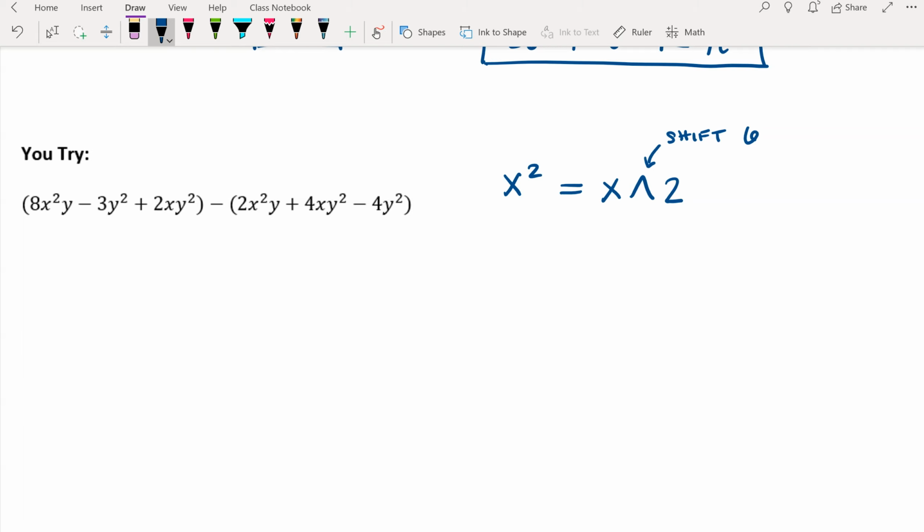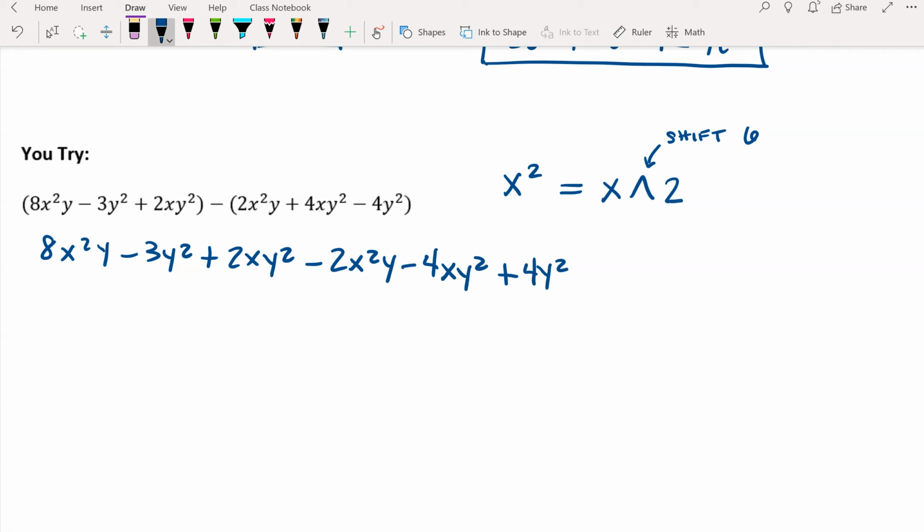All right, I'm going to very quickly do this one, and then we'll move on. 8x squared y minus 3y squared plus 2xy squared minus 2x squared y minus 4, flipping the sign because we're doing subtraction, plus 4y squared.